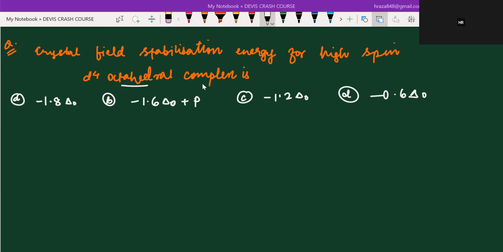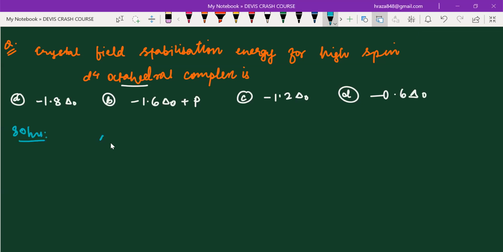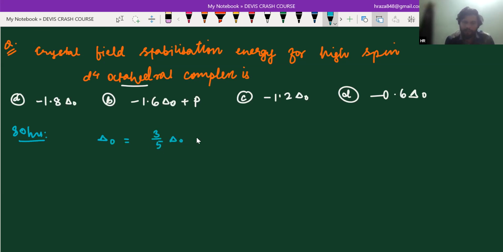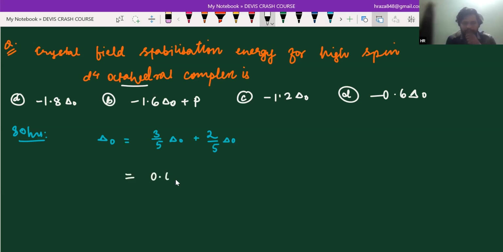Okay. So as you know, this is an octahedral complex, right? If you're going to do this, delta naught is basically minus 3 by 5 delta naught and plus 2 by 5 delta. Now I can also write this as 0.6 delta naught and this is 0.4 delta. Now, as you know, this is high spin.